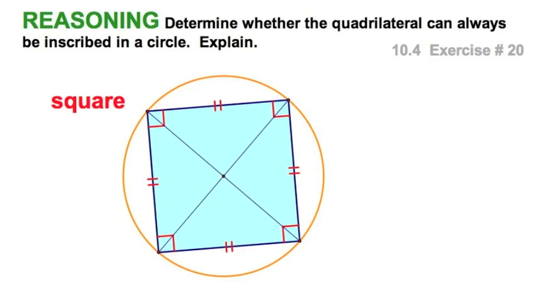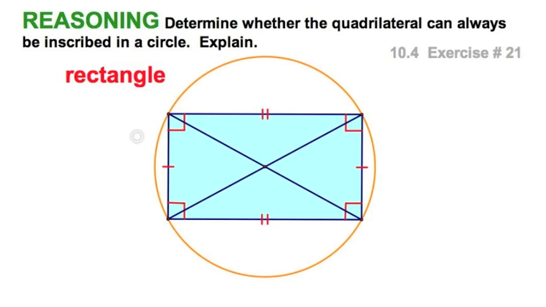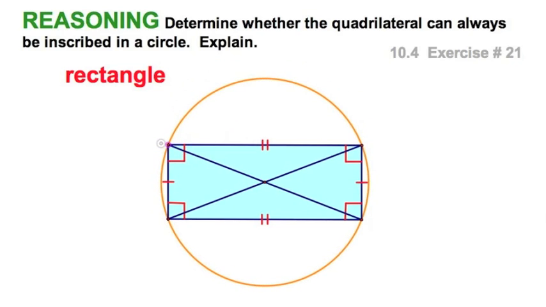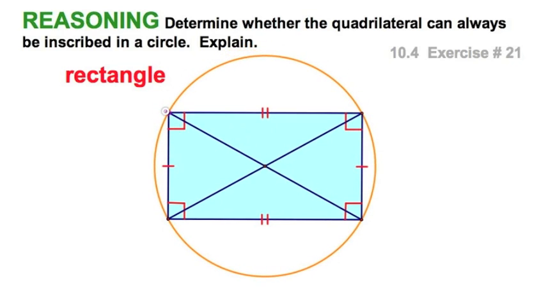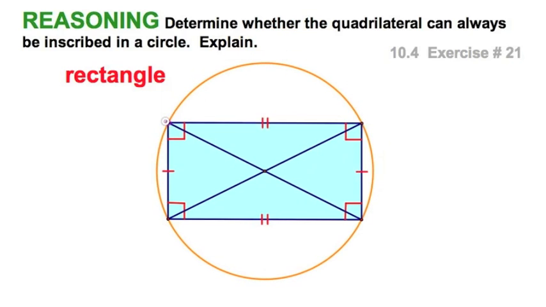So yes, a square can always be inscribed in a circle. Rectangle looks very similar. Next exercise, 21. Similar, diagonals are congruent, diagonals do bisect each other. However, they don't have to be perpendicular, as you can see here. This figure is also cyclic.